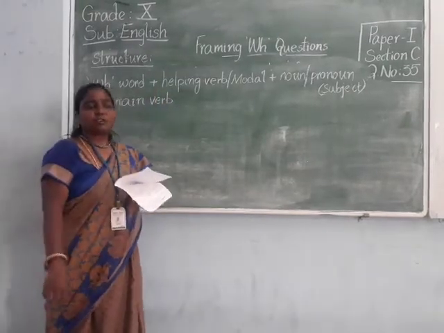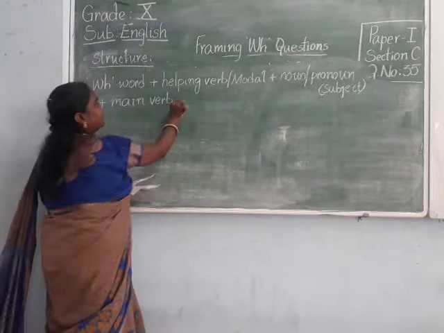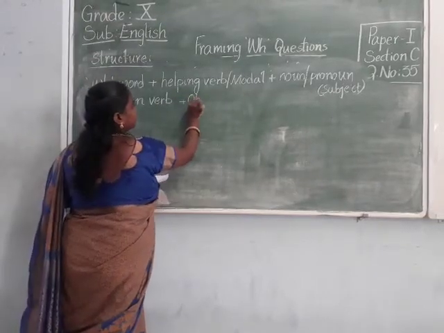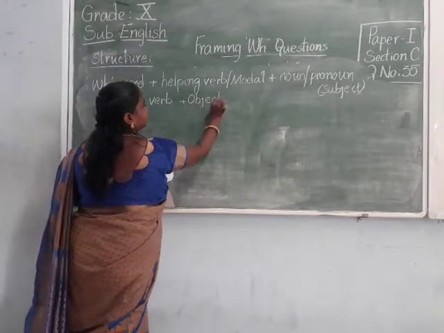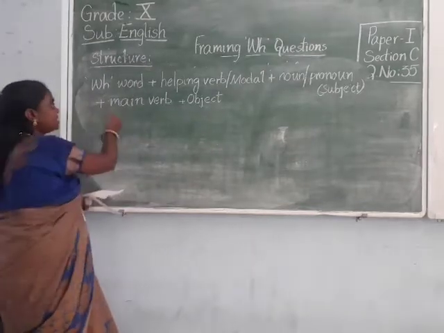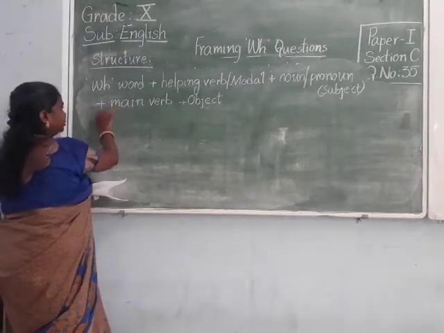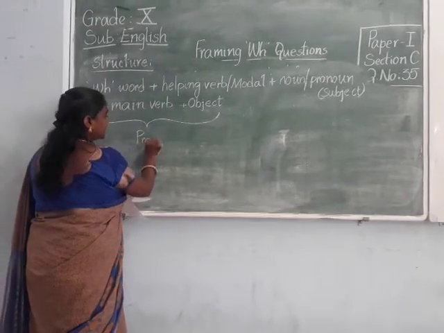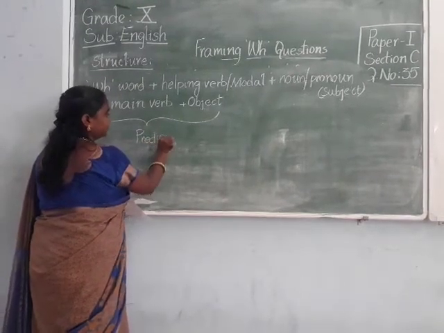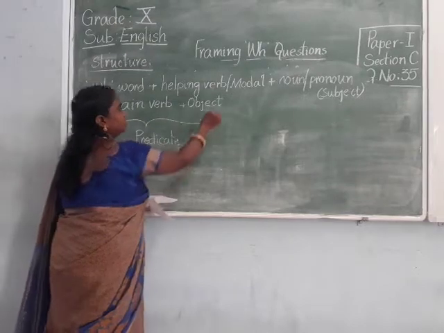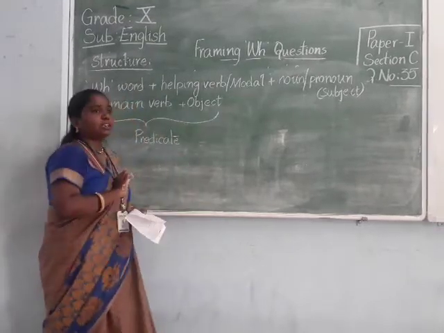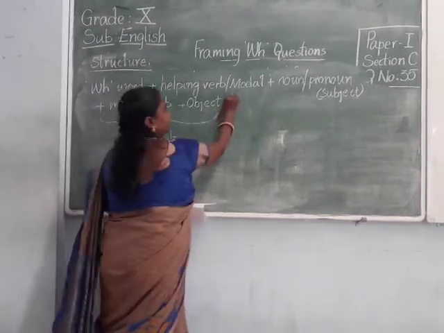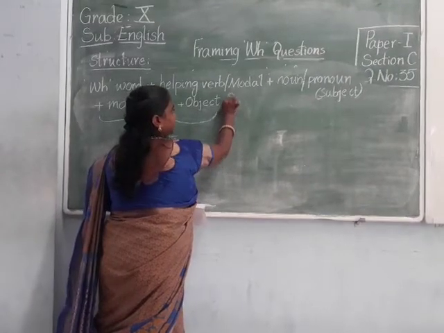After the subject you have to use a main verb plus object, or instead of this you can use a predicate in the sentence. Immediately after the completion of the sentence, you have to put a question mark.